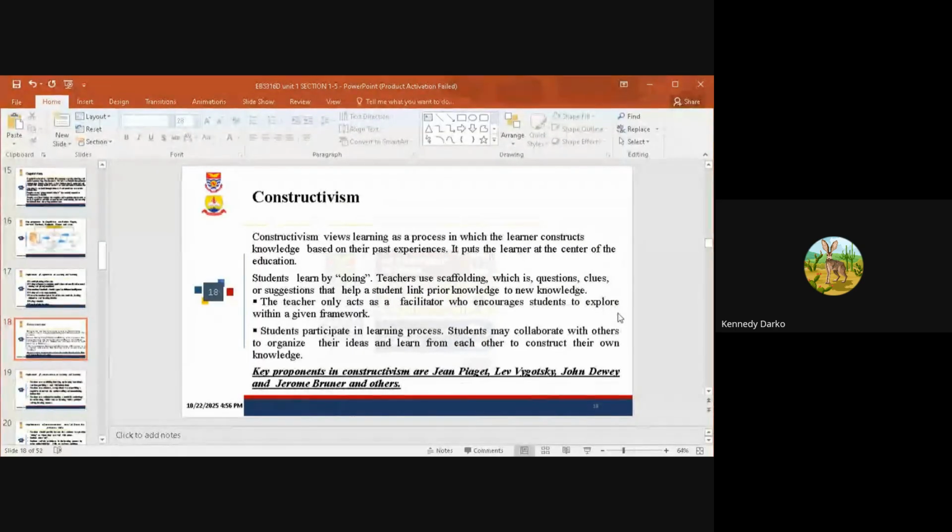We have others, but these are some of the proponents we can talk about: Jean Piaget, Lev Vygotsky, John Dewey, and Jerome Bruner. They came out with all these things. You said the student will learn by doing the thing, and you, the teacher, must help them, carry them on your wings, and guide them so that they get to their destination. So that is what they are saying.